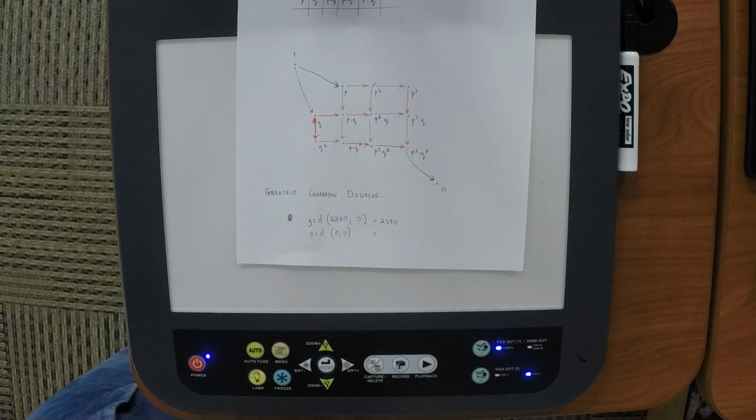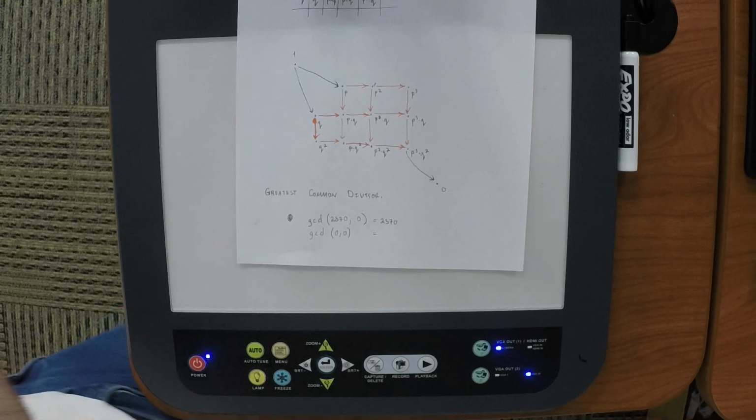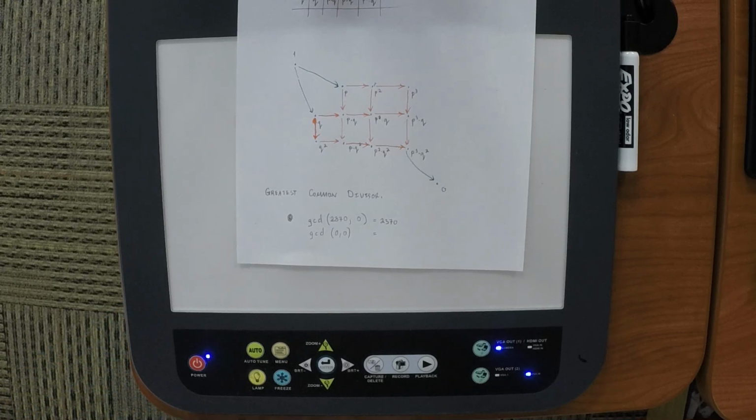Yeah, because 0 is 1,000 times 0. So can 0 be factored, and 1,000 is one of the factors? Yeah. Does 1,000,000 divide 0? Yeah. How about 1,000,000,000? Yes, of course it does. What's the greatest common divisor of 0 and 0? 0.